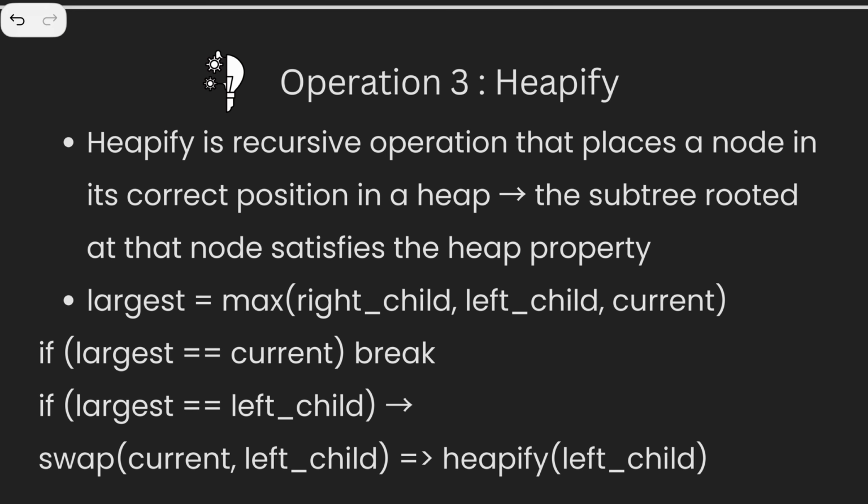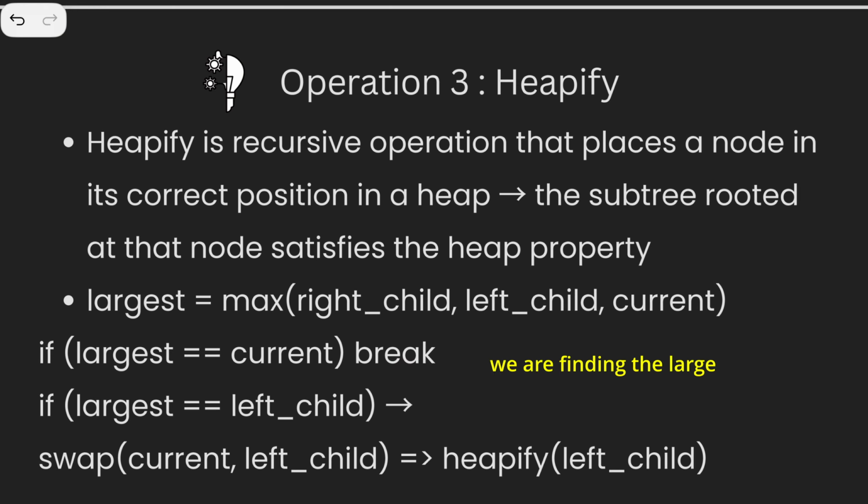Well, Heapify is a recursive operation that places a node in its correct position in a heap so that the subtree rooted at that particular node will satisfy the heap properties. We first compute the largest value. So who is largest, right child, left child, or the current node? If the current node is the largest one, then we already have a heap. So we break, we do nothing.